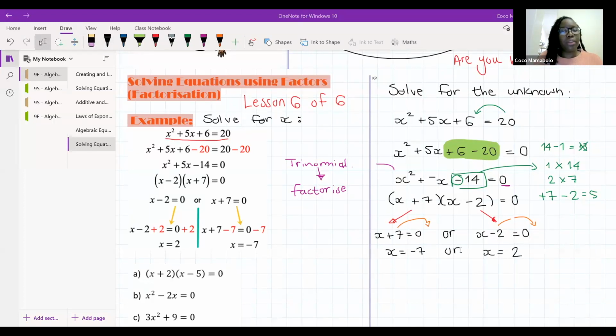Ma'am, can I ask something? How did you get a negative 7? If I take positive 7 over to the other side of the equal sign, what happens to it? If I transpose it, what am I going to get? You minus it.